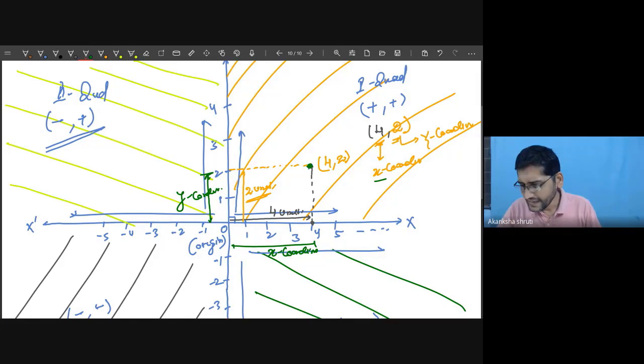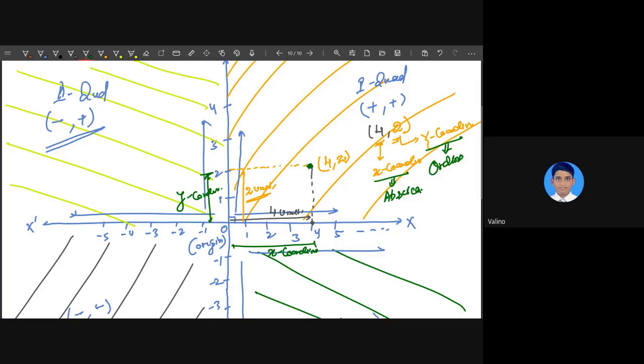Here we have also written x coordinate and y coordinate. The x coordinate is also called, what is the name? Abscissa. And the y coordinate is also called the ordinate. Okay, student?